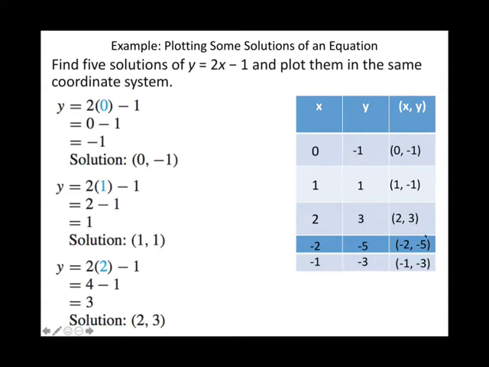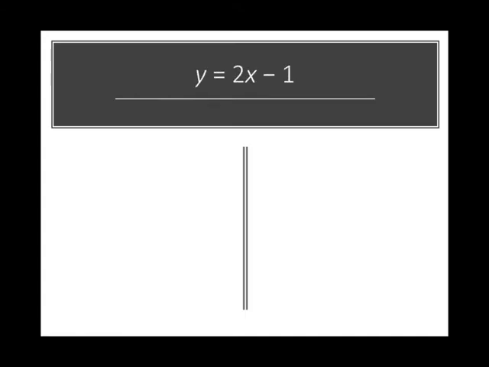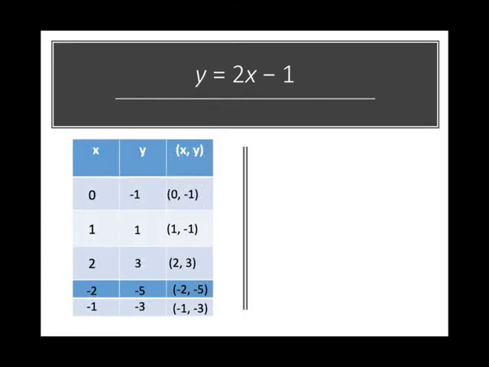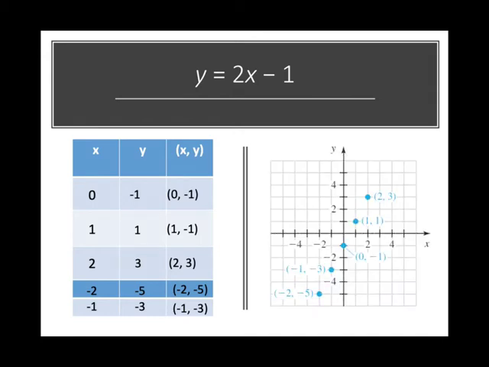Now we try to plug in these 5 ordered pairs into the coordinate system. So write down that this is my linear equation, and I have this table here. Okay, I have the coordinate system here. I have my x-axis, y-axis, and then I'm gonna do it one by one.